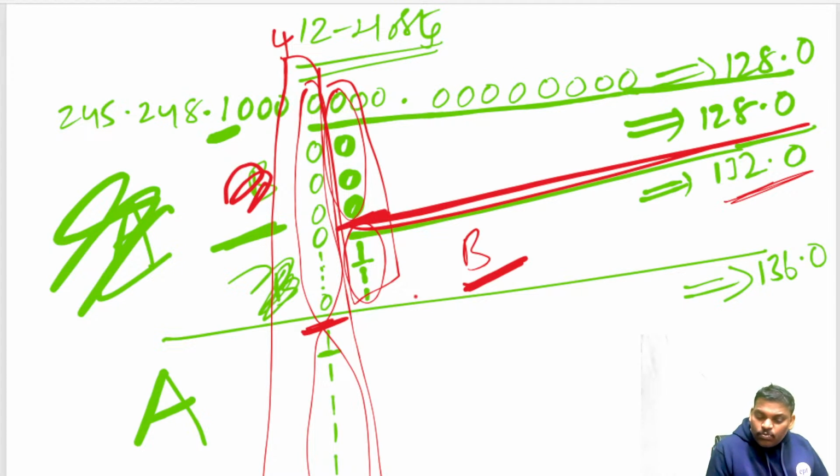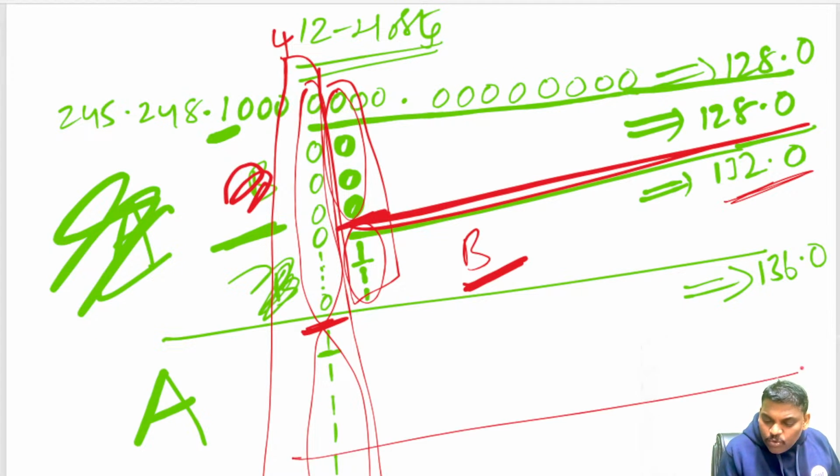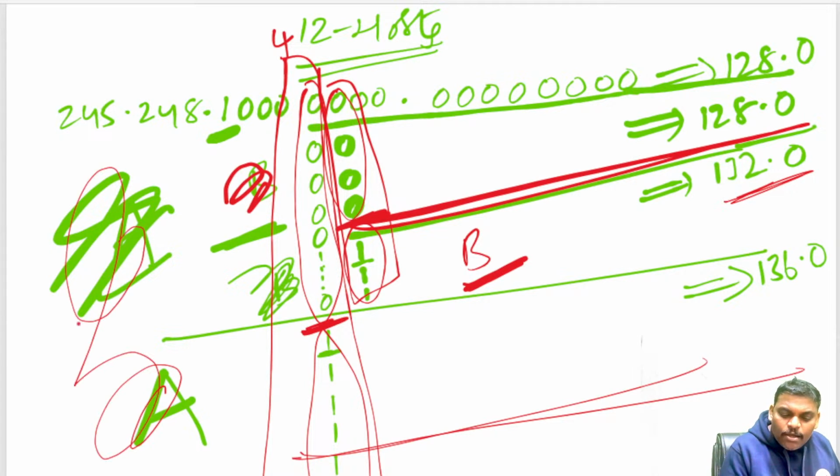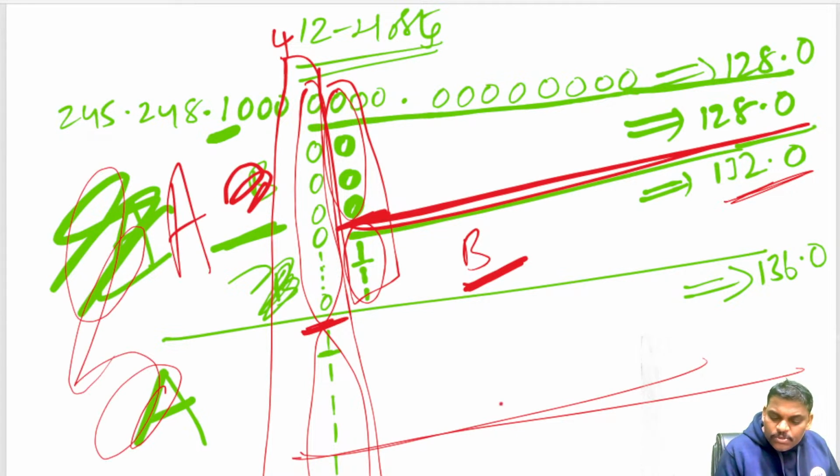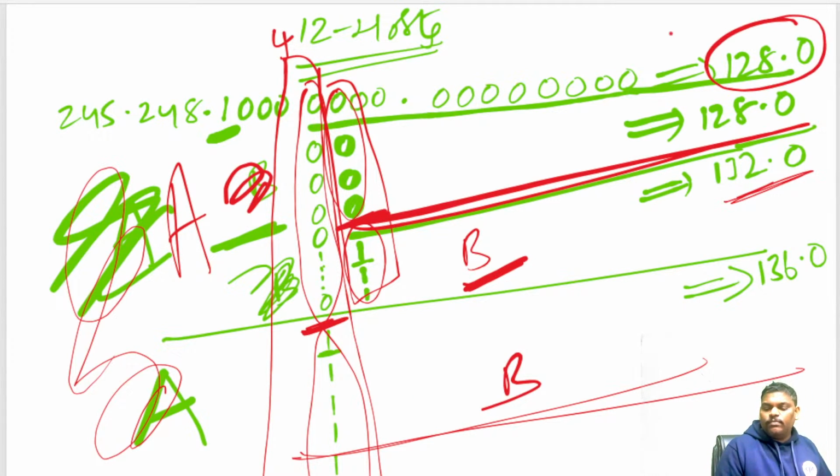And one more thing, he can make quarter here. This may be A also. This is A, this may be B. Then A will be 128.0. Then B will be 136.0. Or either this part also.